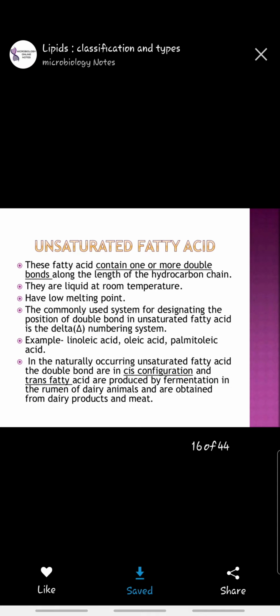And the prefixes cis and trans are from Latin: when we say cis, this side of, and when we say trans, the other side of. Okay, that is the definition of the cis and trans structure in unsaturated fatty acids. Cis is this side of, and trans the other side of.